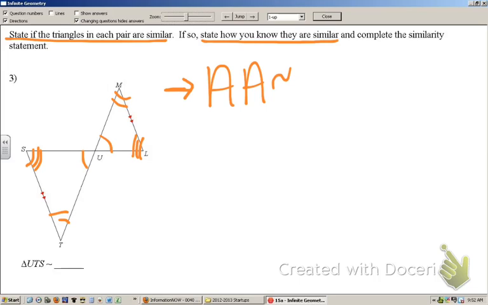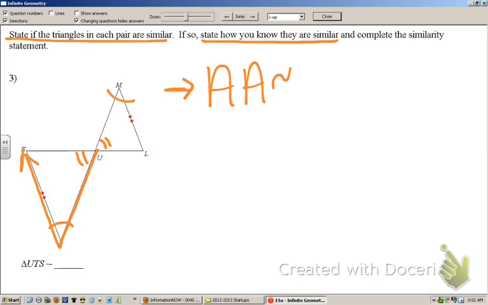Angle-angle similarity. The third part, it says complete the similarity statement. Down here, it says triangle UTS is similar to what? Well, let's clean this up. Made those marks a little bit too big. This one is to this one. We've got this one and that one. So now, UTS. So we're going from U to T to S in that direction.